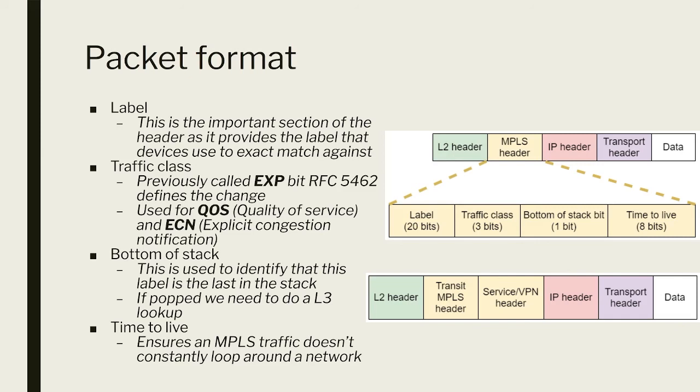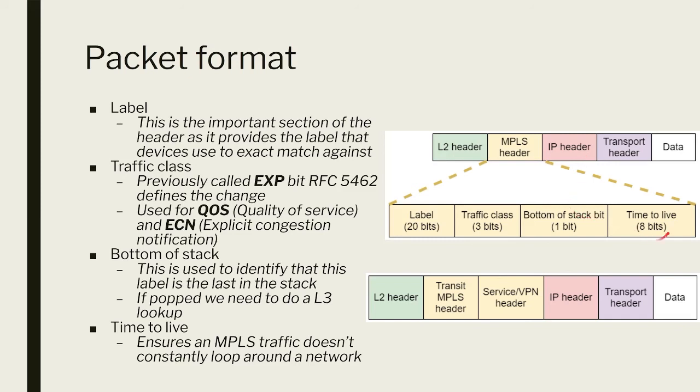If you've seen my other videos on the IP headers, I can't remember exactly which video that is, when I covered that, you have that concept of time to live inside the IP header. And so this time to live here is actually populated from the IP header when you encapsulate the packet into an MPLS packet.